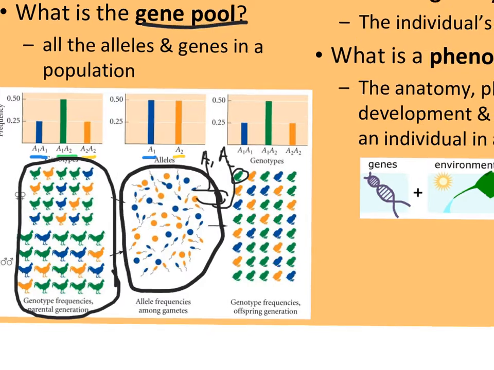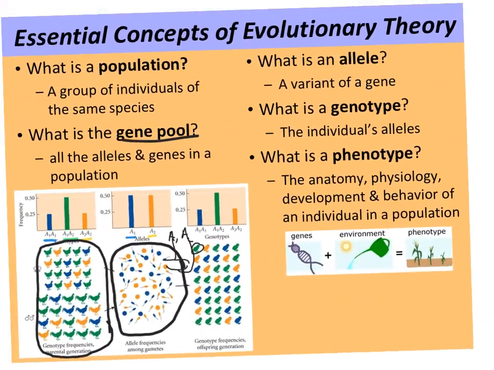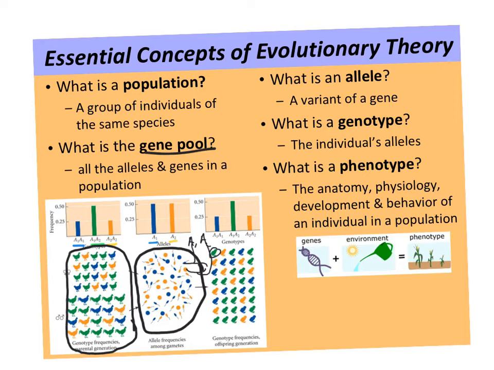Now, eventually you make the assumption that alleles code for proteins, and proteins affect traits or make traits. That's the phenotype, what an organism looks like, its anatomy, physiology, behavior, how it develops, all these kinds of different things.